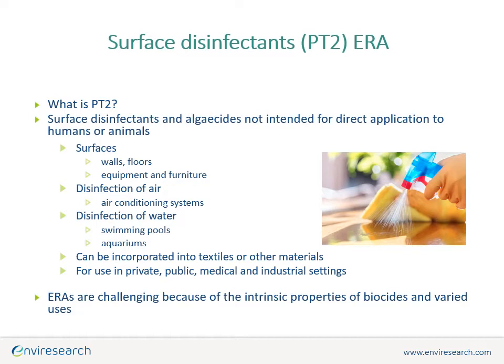So that means we're talking about surfaces such as walls and floors, equipment and furniture, disinfection of air, so that's through air conditioning systems, disinfection of water, for example in swimming pools and aquariums, and also product type 2 biocides can be incorporated into textiles and other materials, and this is for use in private, public, medical and industrial settings. So the ERAs can be challenging because of the intrinsic properties of the biocide and also the very varied uses within even this product type.